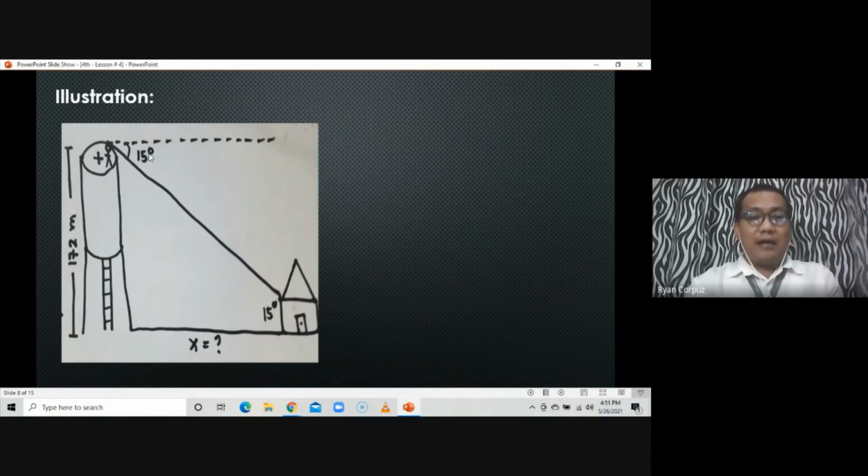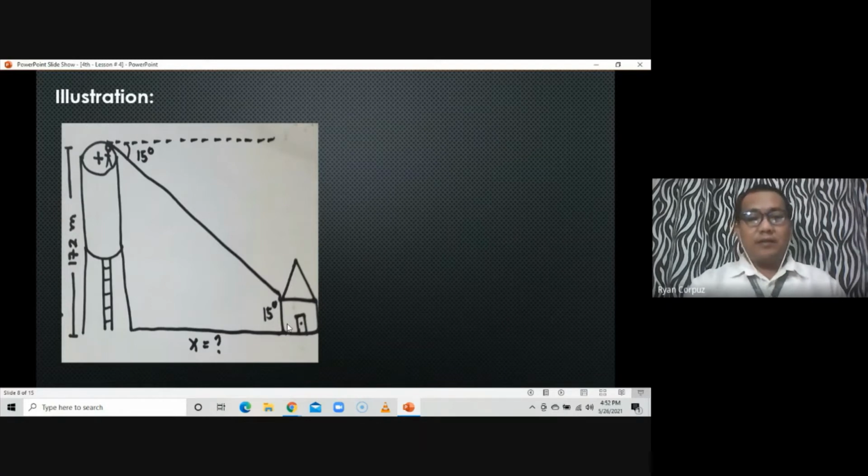So, yung angle na to and this angle, ang tawag sa kanila ay alternate interior angles. And if you are going to talk about their measurements, their measurements are congruent. So whatever the measure of this angle, that's also the measure of this angle.